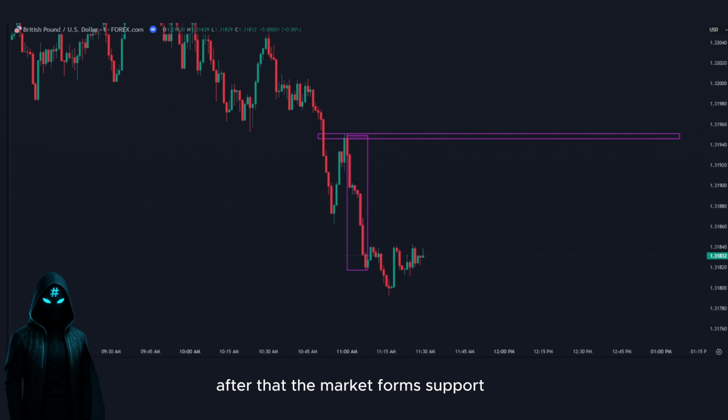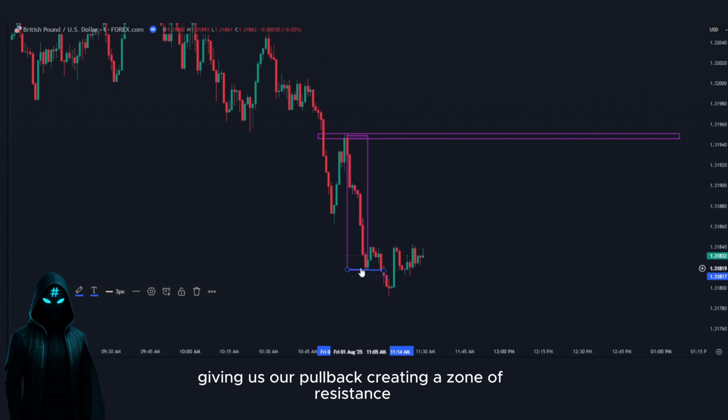After there, the market forms support, giving us our pullback, creating a zone of resistance.